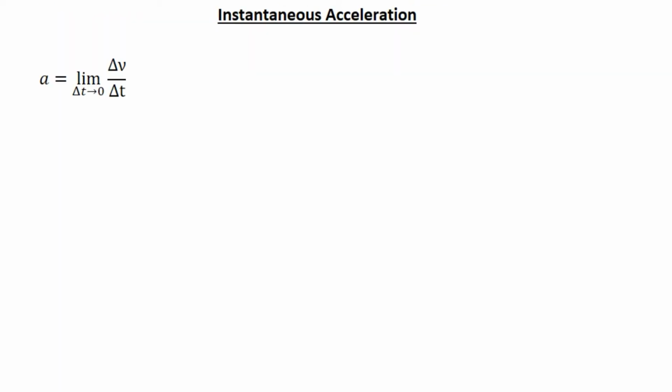Now next we can discuss instantaneous acceleration. The way we defined instantaneous velocity, in a similar fashion we can define instantaneous acceleration. So instantaneous acceleration is the acceleration at a given instant of time.